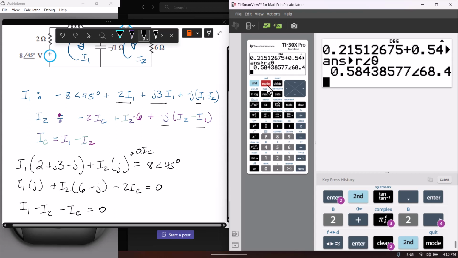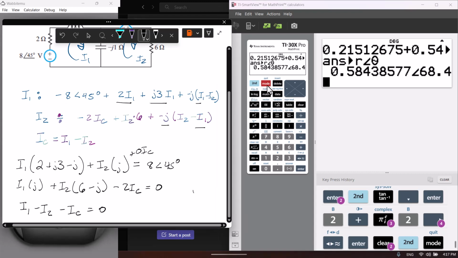Okay, so this is an instance where having one of the fancier calculators would be helpful.